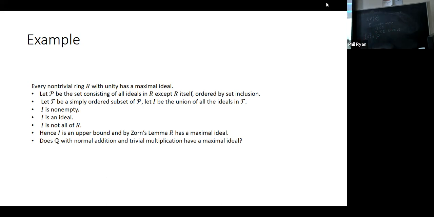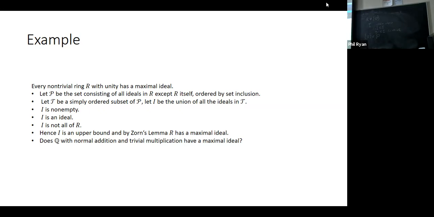Okay, so we have to show that 1 is not in I. Well, what would it mean for 1 to be in I? If 1 is in I, that means 1 has to be in some ideal in that chain. But that chain is specifically ideals not including R. So none of those ideals has 1 as an element.